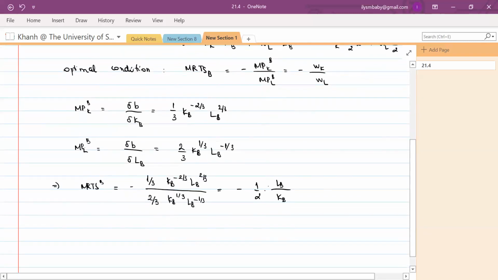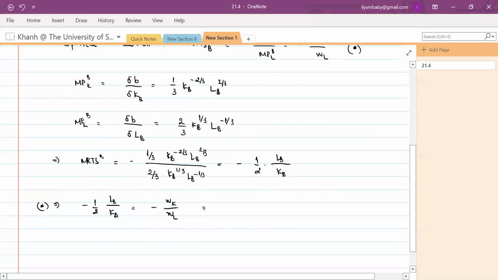So this is my marginal rate of technical substitution, and if I equate this to the input price ratio, I'll call this the star condition: negative half LB on KB has to be equal to negative WK on WL.